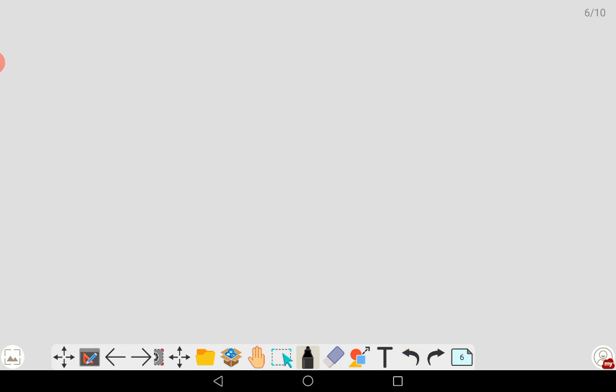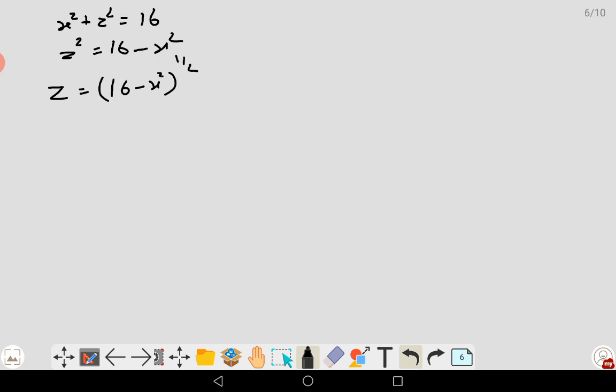So the function given is x square plus z square is equal to 16. So z square is 16 minus x square. z is 16 minus x square to the power half, so that you can find this is your f of x comma y. Okay, so differentiate f with respect to x.